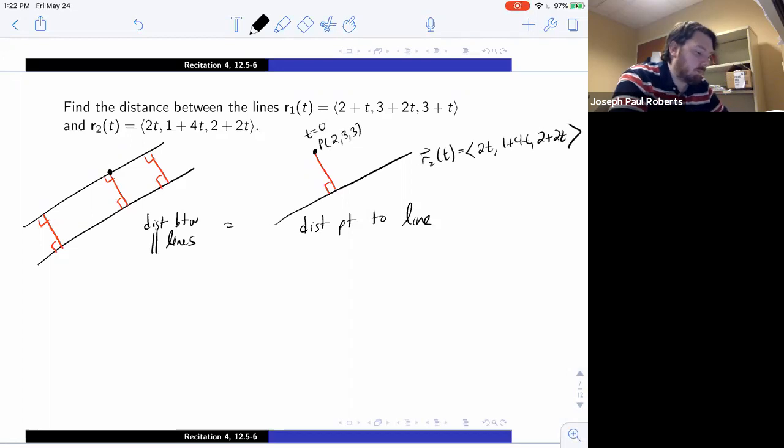We could call that point P. And then what we did a few slides ago was get our 2 points Q and R on this line. So point Q, I could do t equals 0 on R2 to get what? 0, 1, 2. And then R could be t equals 1, which is going to be what? 2, 5, 4.